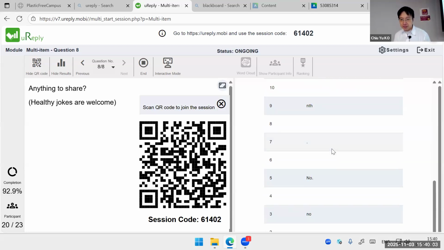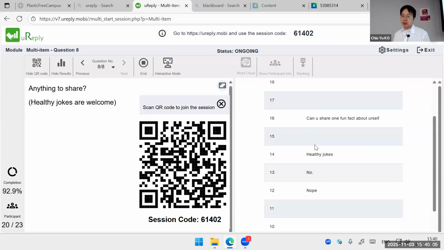Healthy jokes, yeah. I don't know whether it's fun or not, but I'm no longer so fun, because my wife says that before she knew me, when I was a Ph.D. student, I was much more fun, more humorous. But after I got deeper into research, I lost the humor. Looks like a different person.